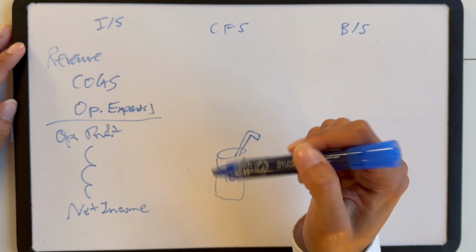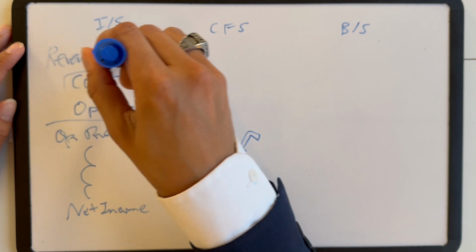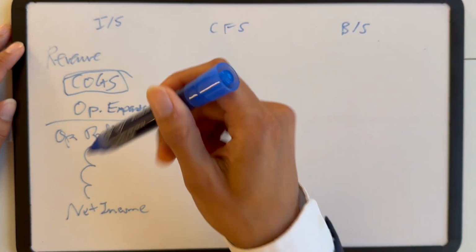If we're buying sugar, it's considered part of cost of goods sold. It's part of the product we're selling, and we use it up in a short period of time. In general, if you use something up, it's expensed on the income statement. If it's used up within a year, it's used up here.